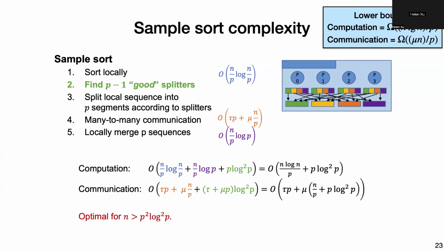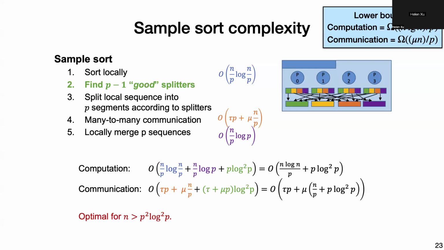And that is optimal if n is greater than p squared log squared p. Because if you remember the lower bounds up there, computation time is n log n over p. For computation time to be optimal, if this thing is bigger, then the whole thing is dominated by this, which is the lower bound.